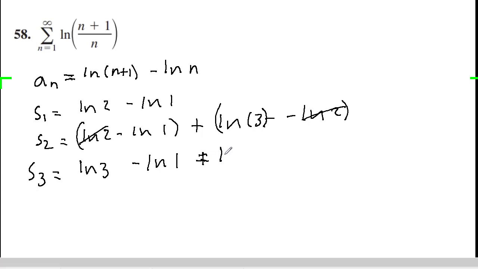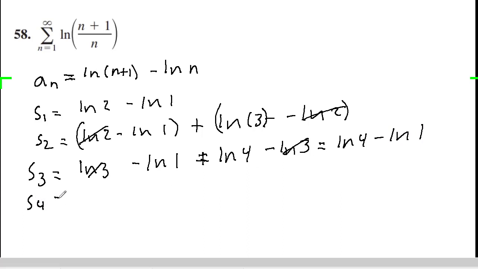So when we put in 3, we get the natural log of 4 minus the natural log of 3. Now the natural log of 3's go away, and all we will have is the natural log of 4 minus the natural log of 1. Now the natural log of 1 is 0, so there's no need to carry that around.